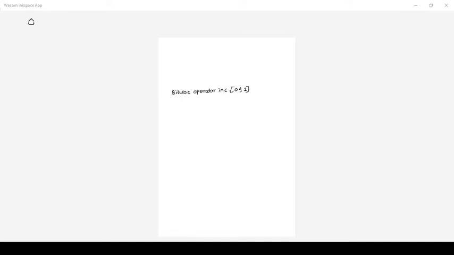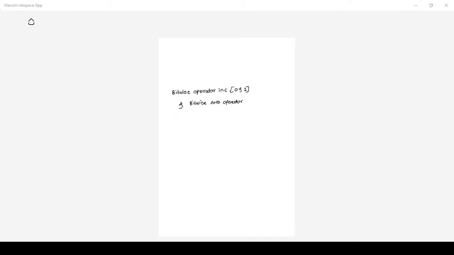First let's see the table of bitwise operators. Here we will be using these operators. This operator is called the bitwise AND operator. The single ampersand operator, you can see.